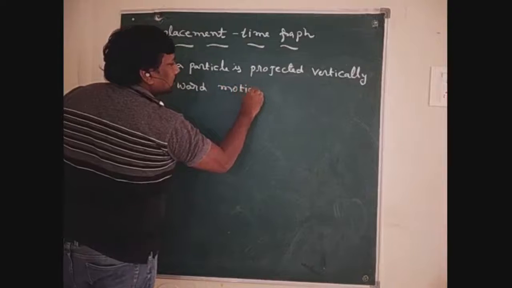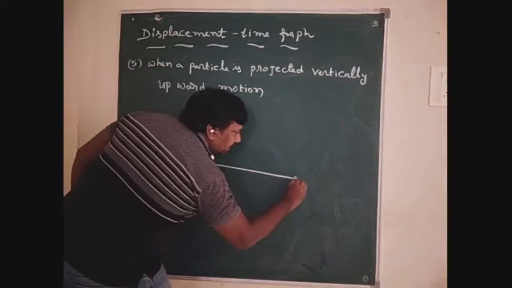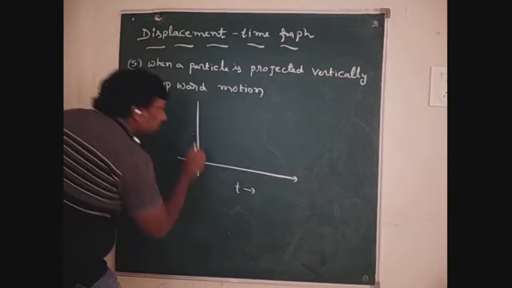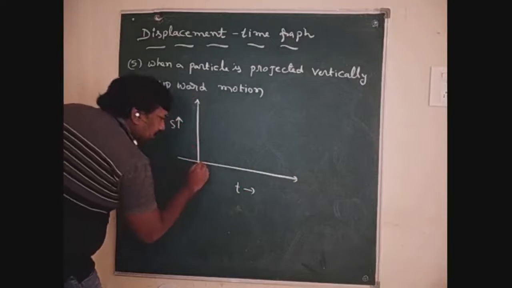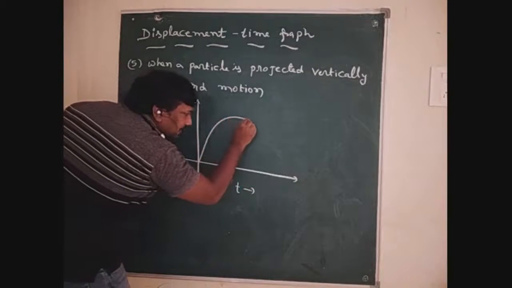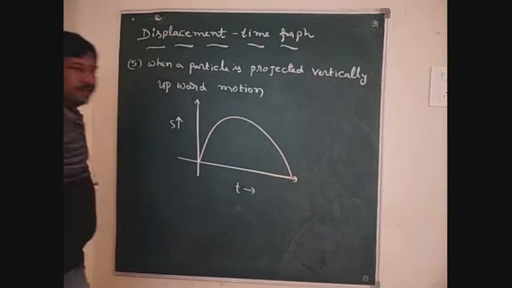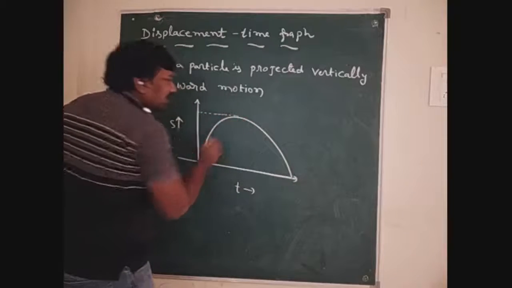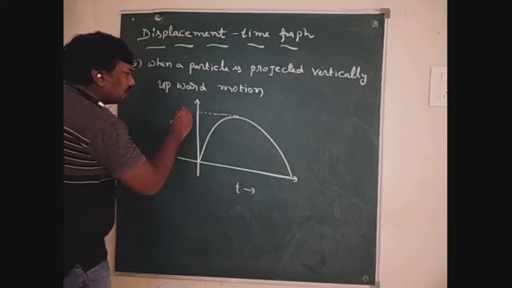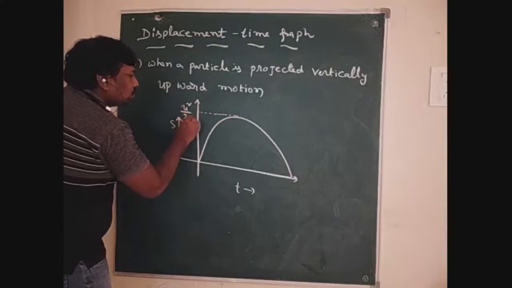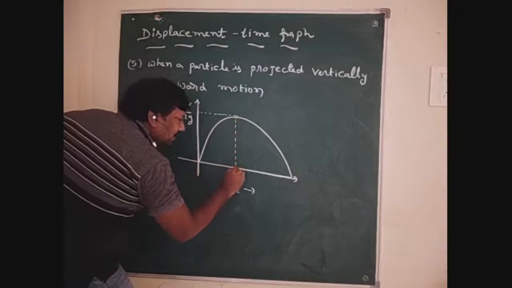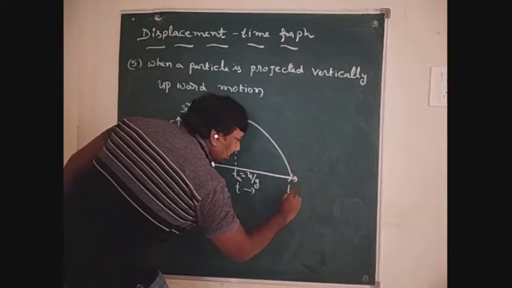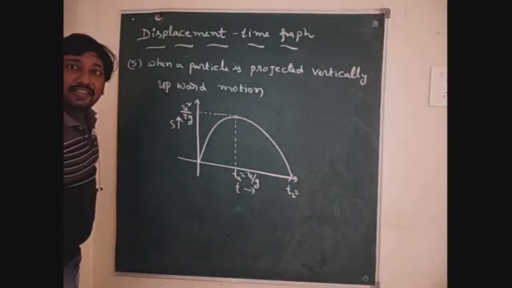In this case the displacement time graph has this shape. Here is the maximum height, h equal to u square by 2g. This is the time of ascent, that is u by g. Here t2 is treated as the time of flight.